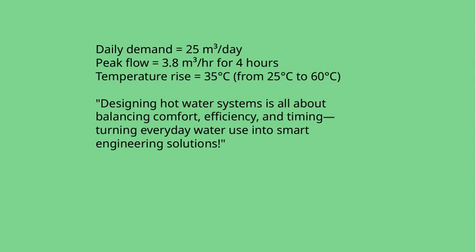Balancing them effectively allows us to create systems that are not only comfortable and reliable, but also efficient and cost-effective. Ultimately, designing hot water systems is about turning everyday water use into smart engineering solutions, making sure comfort and efficiency go hand in hand with proper timing and capacity.